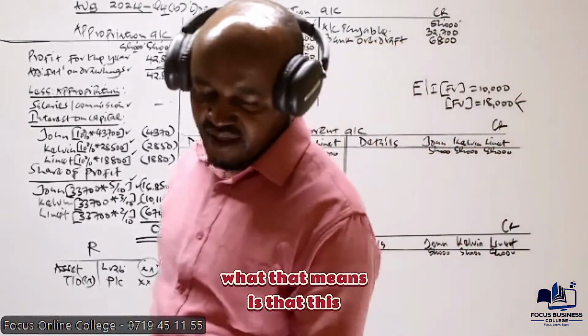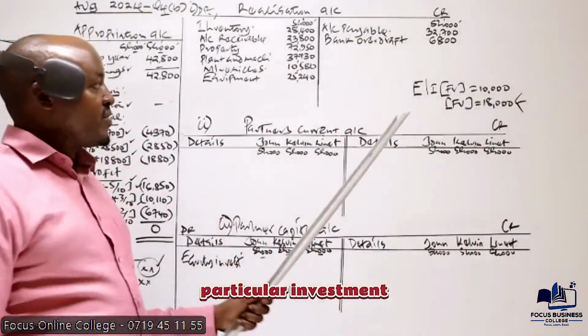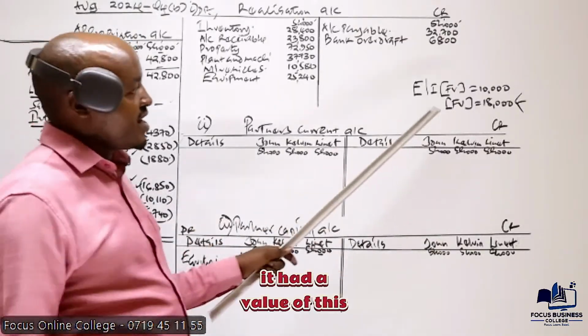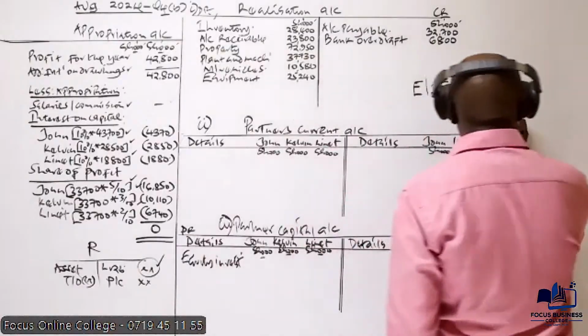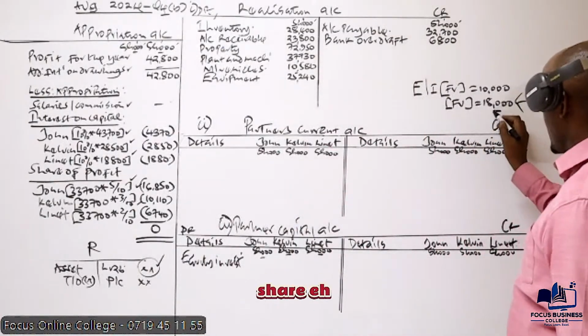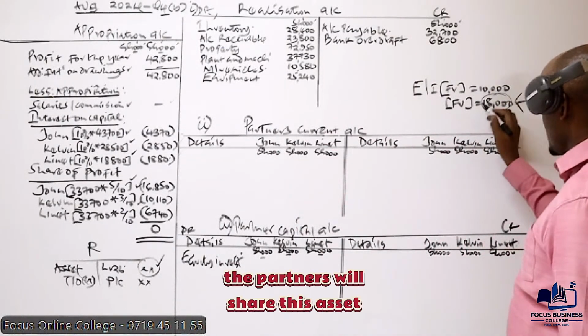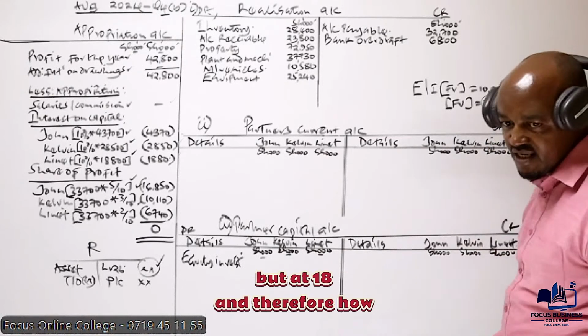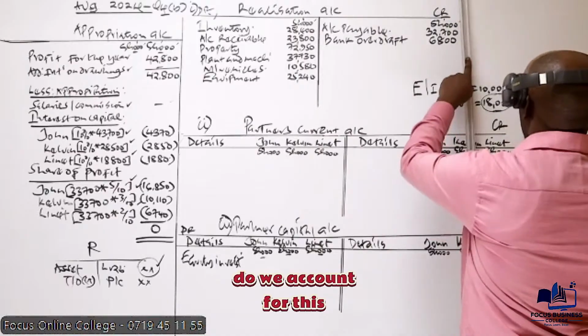So basically what that means is that when this particular investment was being taken over by the partners, it had a value of this. So therefore the partners will share this asset at this value, not at 10, but at 18.